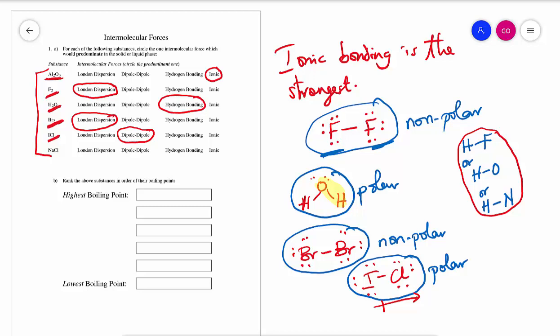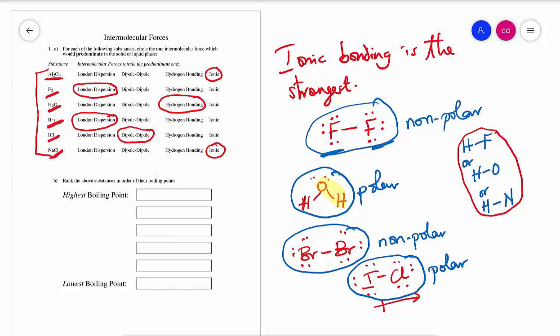This is an ionic compound, so we do not need to draw any structure for it. And if it is ionic, we already know that ionic bonding is the strongest intermolecular forces you can have. So the predominant interaction here will be ionic.